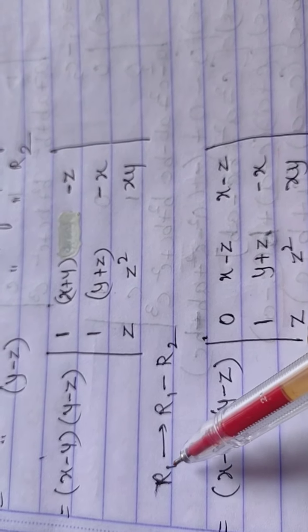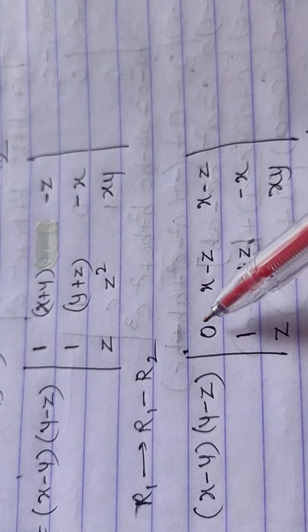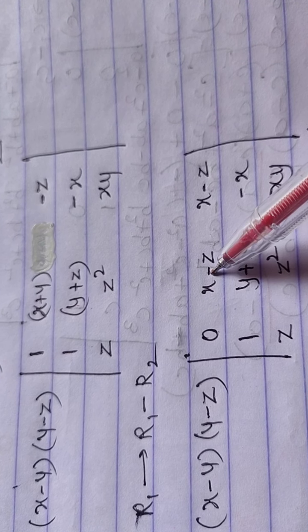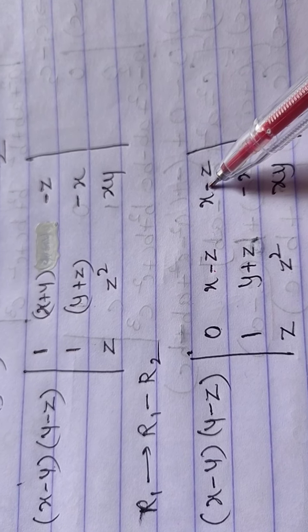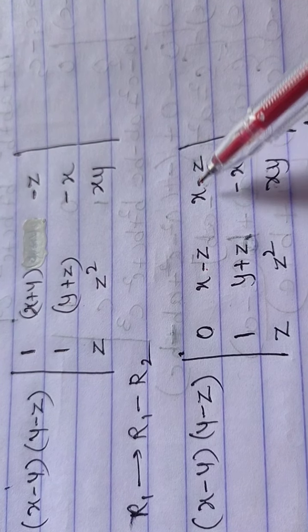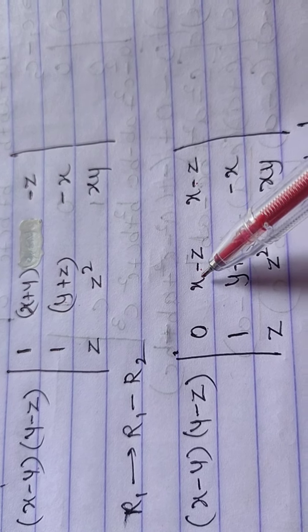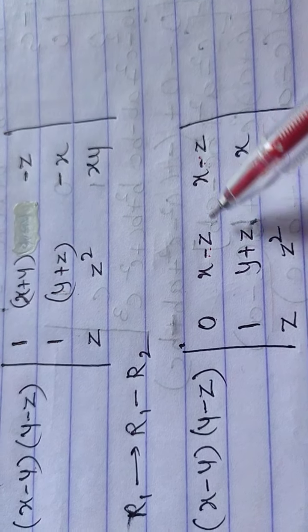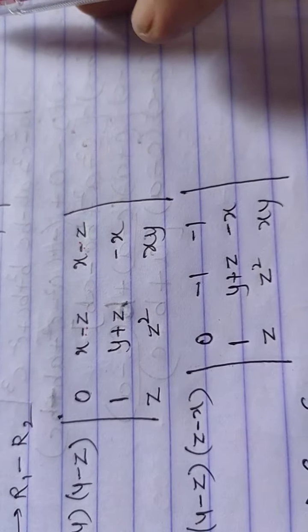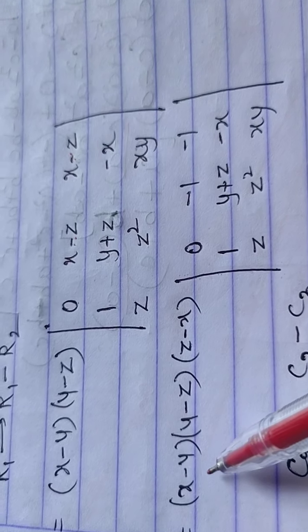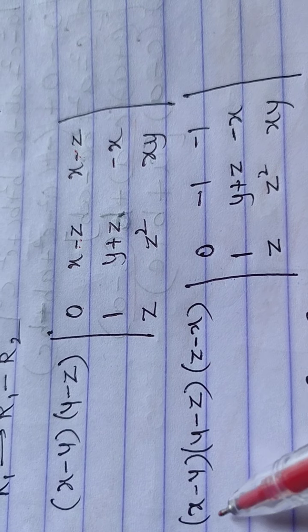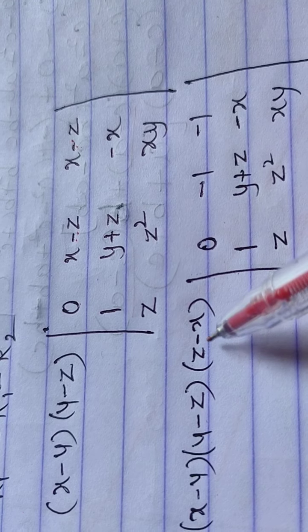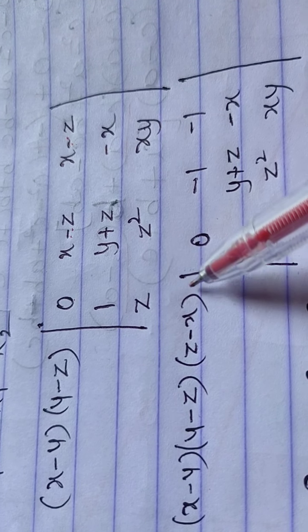So r1 changes to r1 minus r2, this term is 0, this is x minus z, this is also x minus z, but we want the bracket as z minus x, so we take z minus x common. Minus 1 is left. So x minus y, y minus z, and z minus x, these are our required brackets.